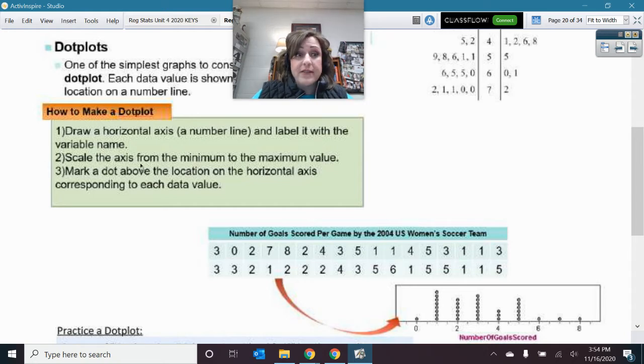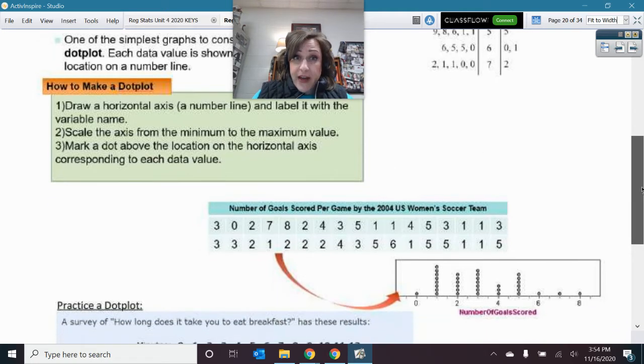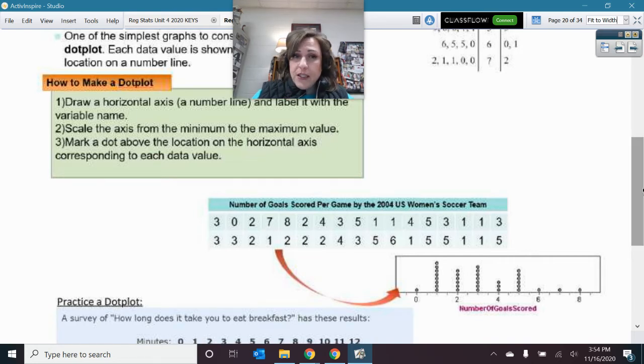And you have to have a scale which incorporates all the values from the min to the max. Then you just put a dot above each value. One thing to keep in mind is to give each dot the same amount of space when you stack them up.